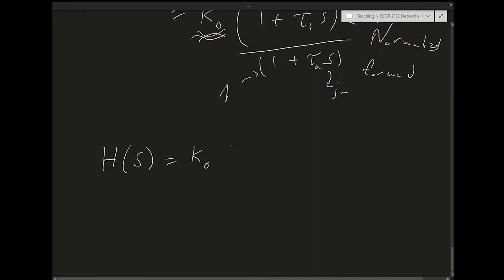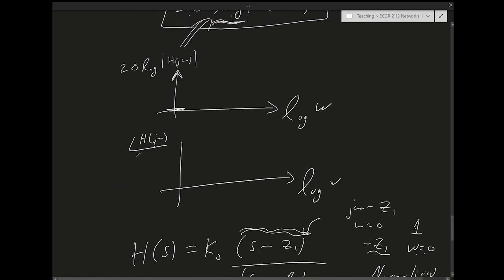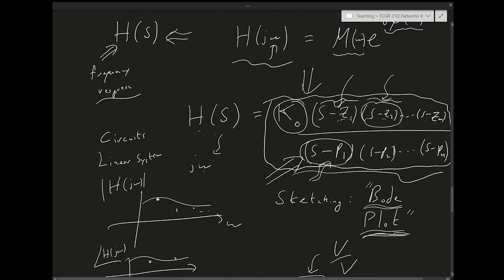In the most general manner, some of the zeros and the poles could be 0, right? Meaning some of the zeros could be at the origin. Z1 could be 0, P1 could be 0, P2 could be 0, right?